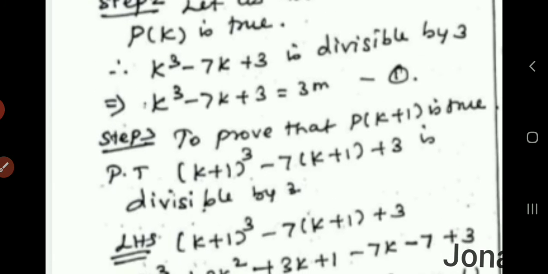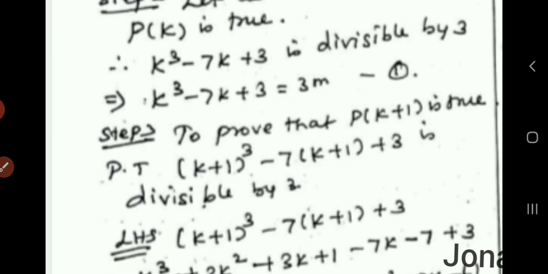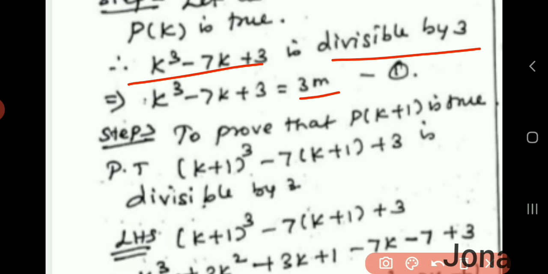The next step: let us assume P of k is true. So in the place of n we have to keep k here. So we have k cube minus 7k plus 3 is divisible by 3. Divisible by 3 is nothing but a multiple of 3, so we can keep this as 3m for this P of k. And then the next step, to prove P of k plus 1 is true.